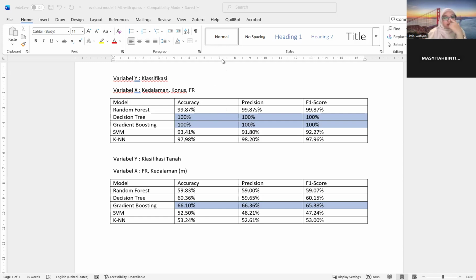What was the decision to take it out from the first result that you found? Because some of the references I used to make the paper use depth and cone resistance as the variables. Then why don't you just stick with what they did?